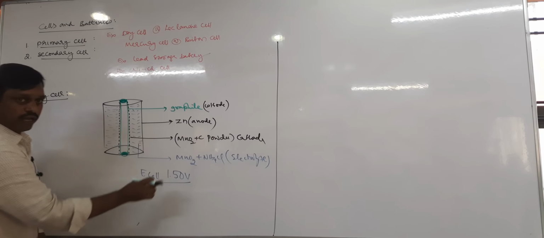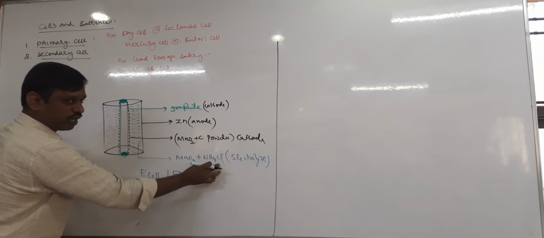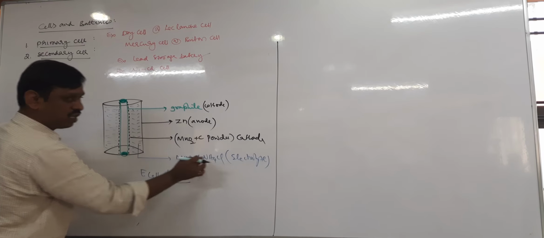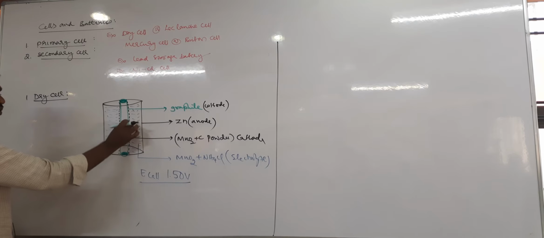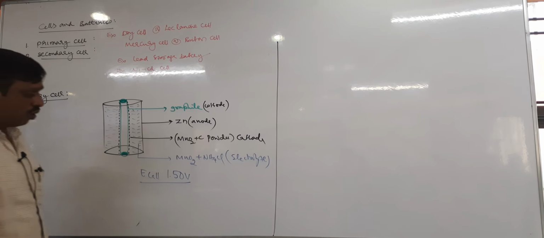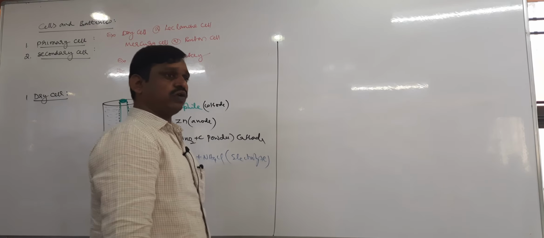The mixture of MnO2 and ammonium chloride is actually a paste. The paste of MnO2 and ammonium chloride is taken in between cathode and anode, this is the electrolyte. Now what reactions take place at anode and cathode?